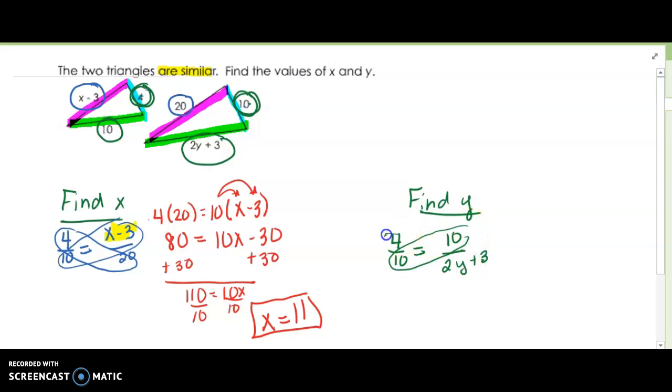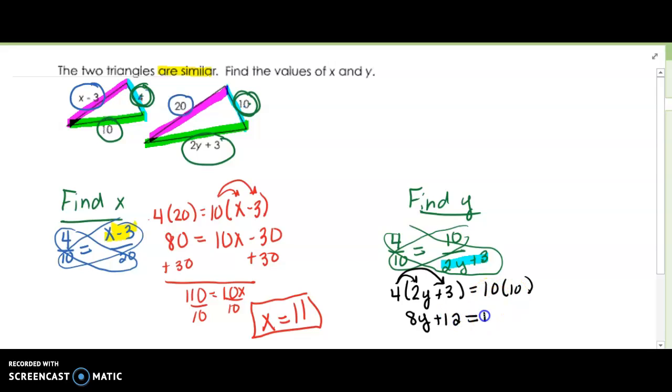If I cross multiply, this goes in parentheses, so I am left with 4 times 2y plus 3 equals 10 times 10. Because this is in parentheses, I have to distribute. So 8y plus 12 equals 100. If I subtract 12 from both sides, I get 8y equals 88. Divide by 8, I get y is also 11.